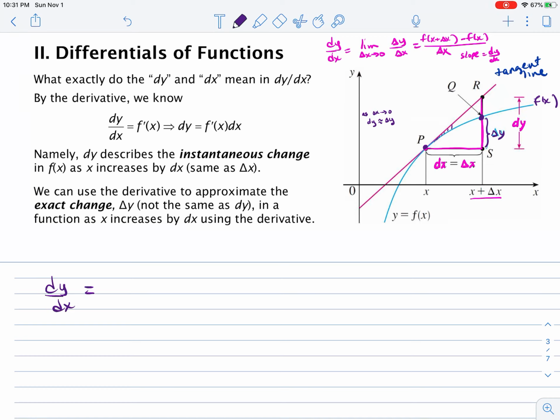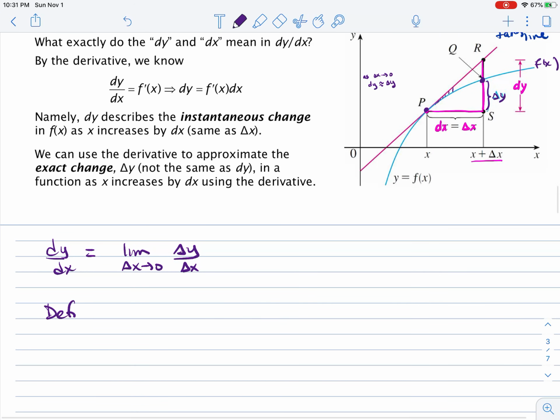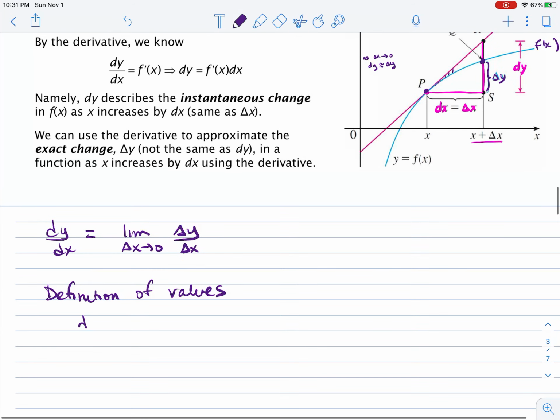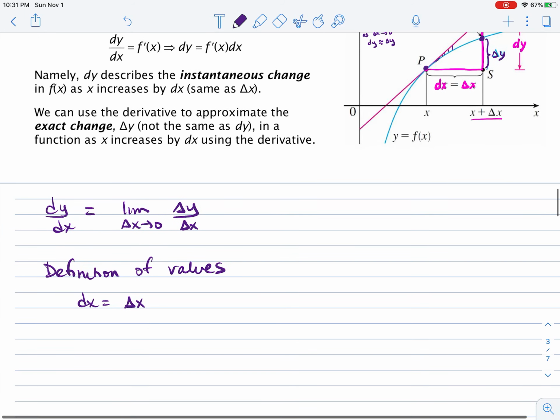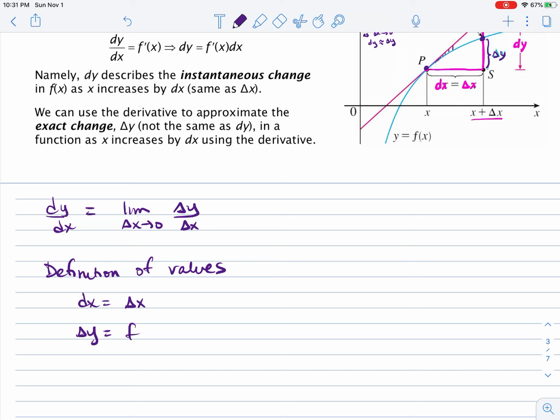So I just want to point out some of those definitions. Again, dy/dx is going to equal the limit as delta x goes to 0 of delta y over delta x. Some of the definitions of our values, just from that picture: dx will always equal delta x.